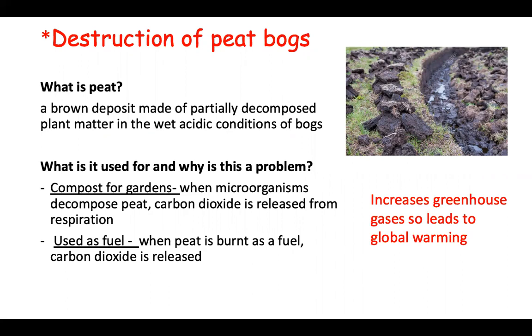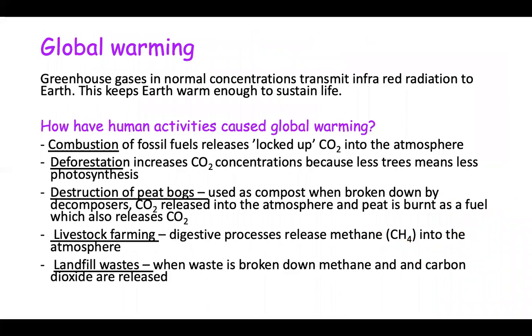It's a very useful product because it can be used as compost for gardens and farms. Problem with it, though, is when the microorganisms break down the peat, carbon dioxide is released from respiration. It's also quite useful as a fuel, so when it is burnt, it releases carbon dioxide as well. So it does contribute to global warming and climate change.